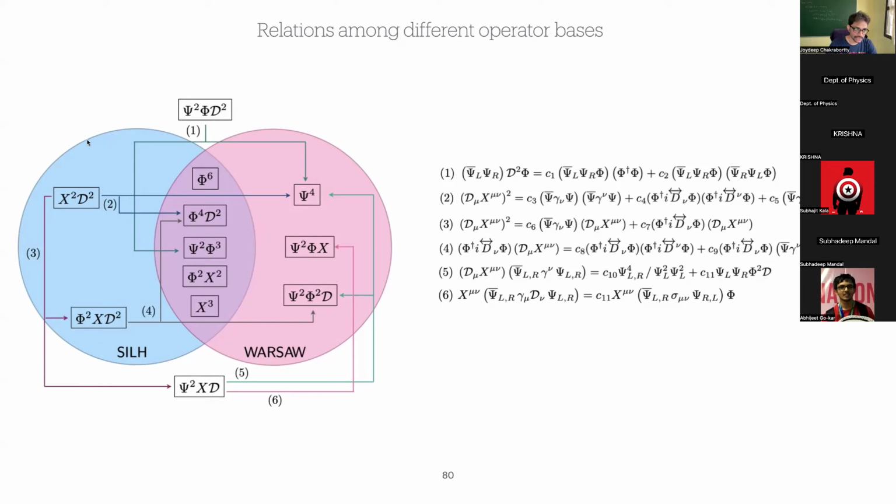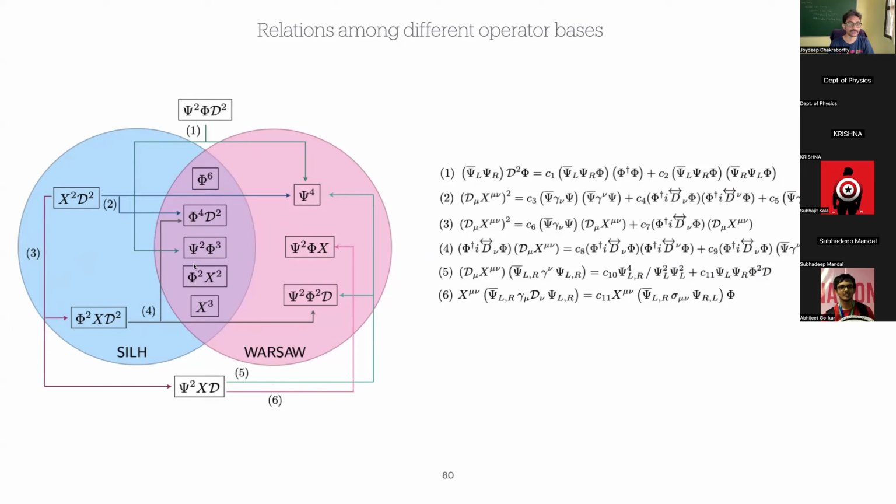So now this is the SILH one where you have all these operator classes, and you have the Warsaw one where you have these operator classes, but still you will have two more operator classes, which are this and this one. And interestingly, neither of them are included in these operator classes. Now these arrows show you how to go from one to another. If you start with this operator, there are assumptions in the multilinear relations.